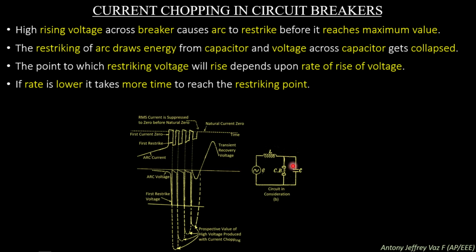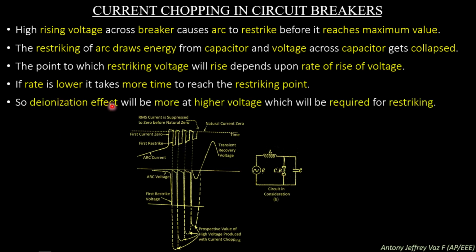So if the rate of charging the capacitance becomes lower, the restriking of the arc also gets decreased and delayed. So the charging time of the capacitance through the current supplied by the inductance L depends on the second chopping of the circuit breaker arc.